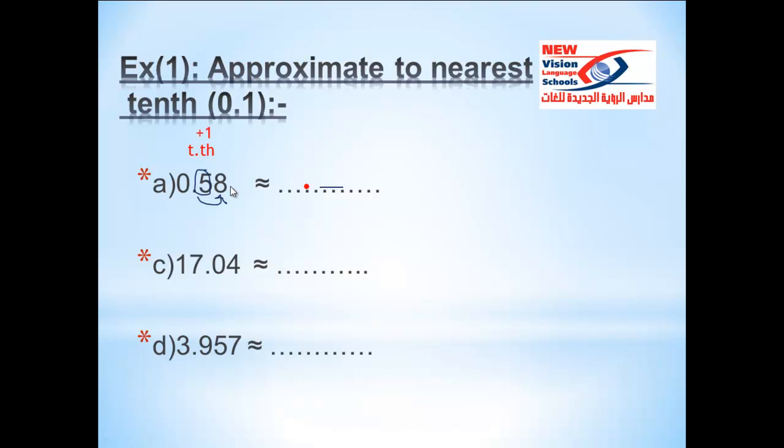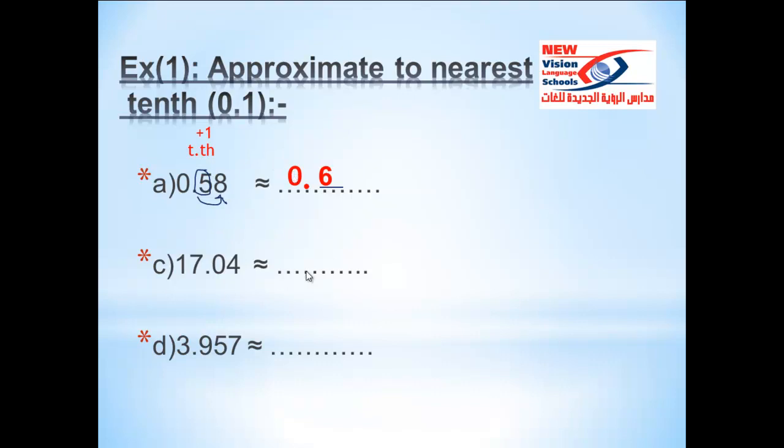It will give 1 up to 5. 1 plus 5 equals 6. Put it down and put 0 here to keep the place value. So our result is 0.6 tenths.